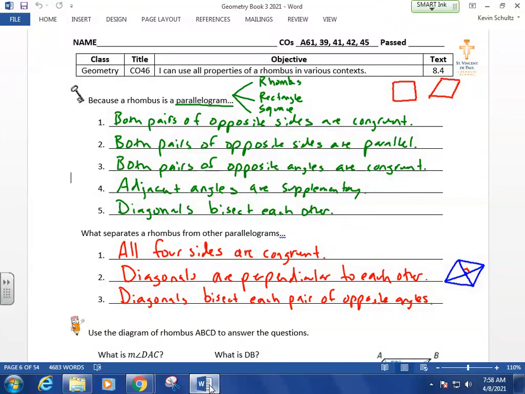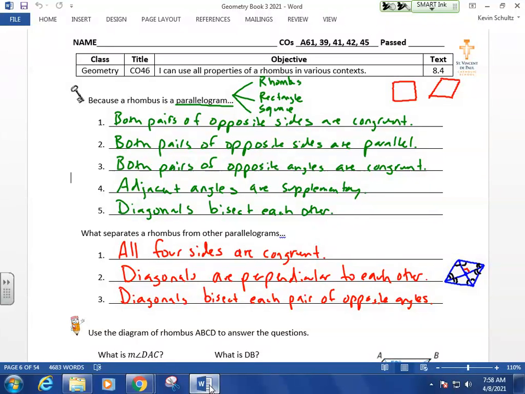So going back to our picture of the rhombus that we just drew here, the diagonals bisect each pair of opposite angles. It means that this angle is going to be congruent to that one. This angle bisected, congruent angles there. And down below our other angles, we have the same thing.